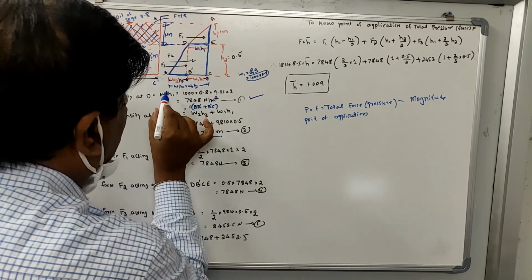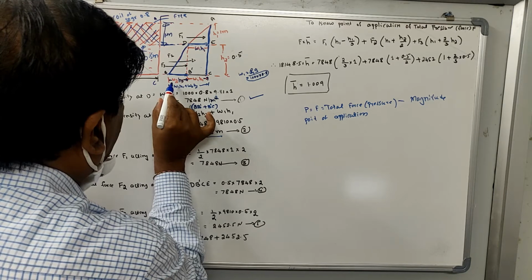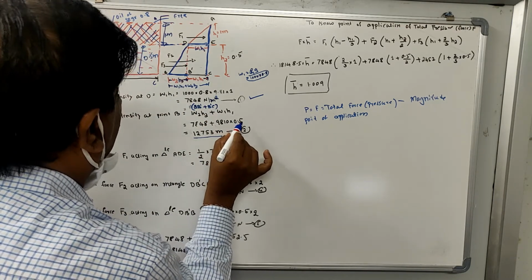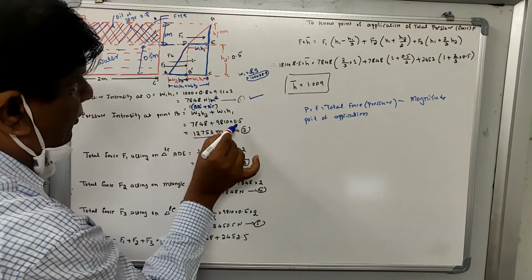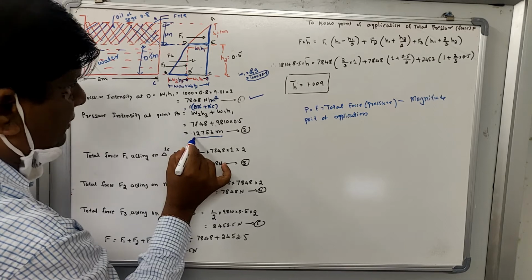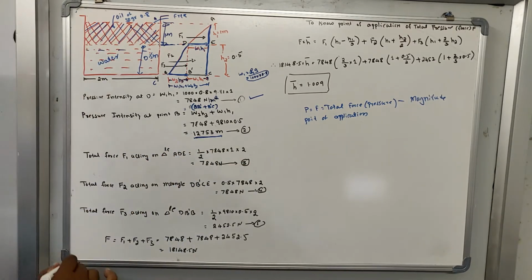W2 is what? W2 is the unit weight of water, that is 9810, times 0.5 plus 0.5. Okay, that is the height. So this gives you the pressure intensity at point B.